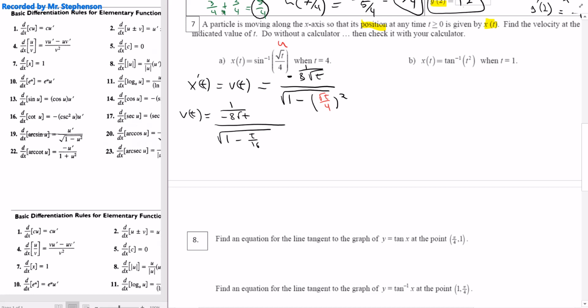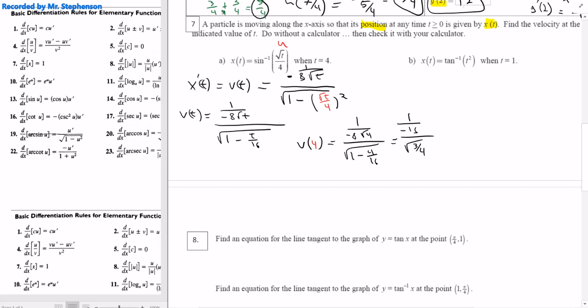We want to know velocity when t is 4, so we're going to find v of 4, which just means I plug in 4 everywhere I see a t, so it's 1 over negative 8 square root of 4 divided by square root of 1 minus 4 over 16. Do some simplification. This is going to be 1 over negative 16, and 4 divided by 16 is 1/4. 1 minus 1/4 is 3/4.